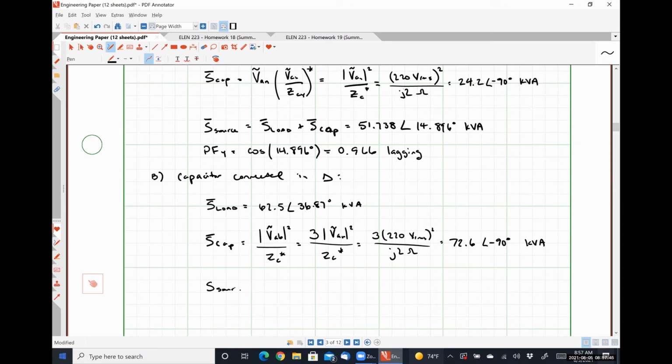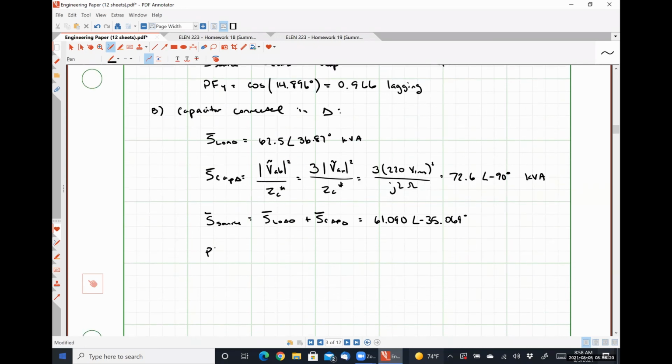S source is still going to be S load plus S cap delta, which is 61.090 with an angle of negative 35.069 degrees.